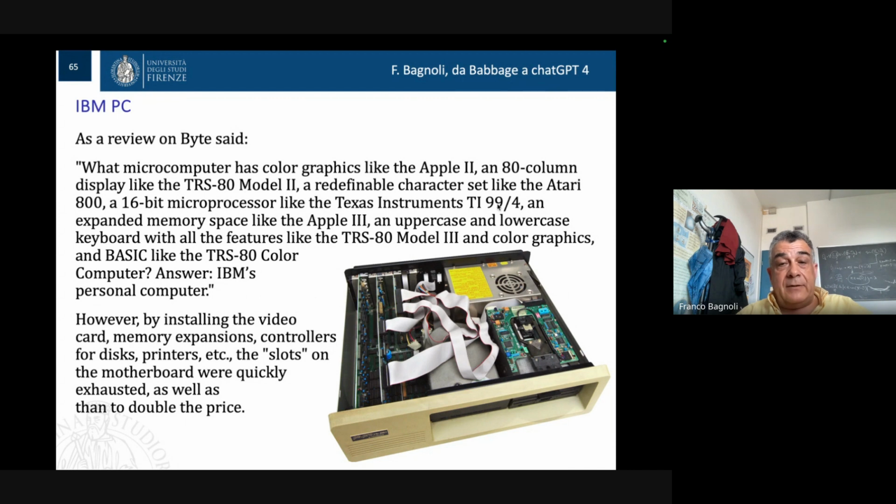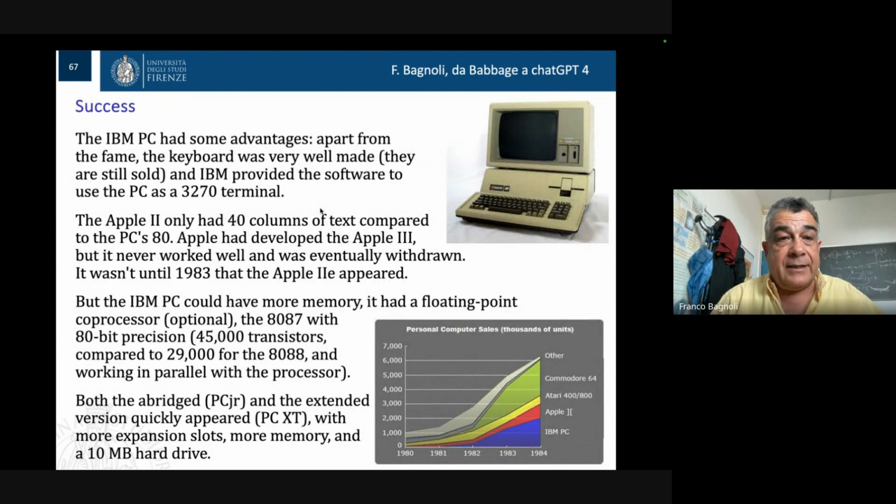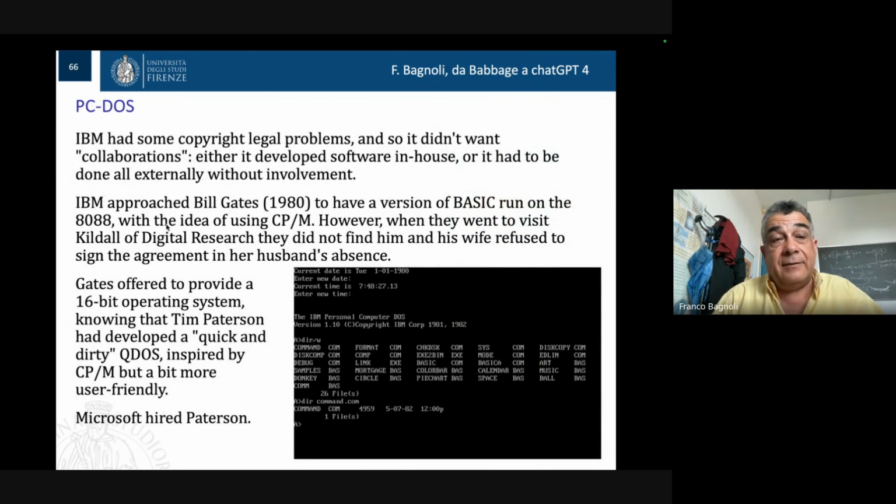And so for a certain number of years, the IBM PC was the top level of personal computers for business, essentially business purposes.